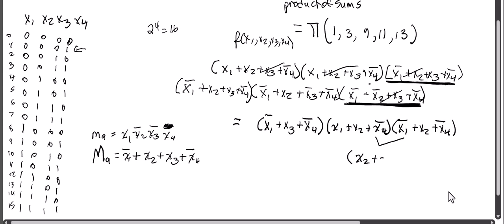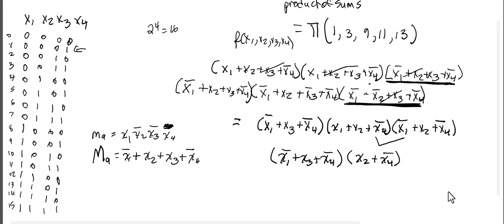So it's just x2 plus x4 bar, and then x1 bar plus x3 plus x4 bar, and that's as simple as I can get this and still have a product of sums. You will learn later a way to verify that you have the product of sums, but that you have the minimum one, but that would be it for here.